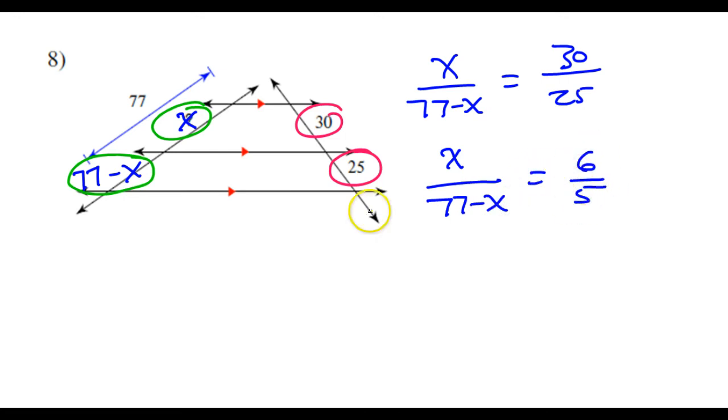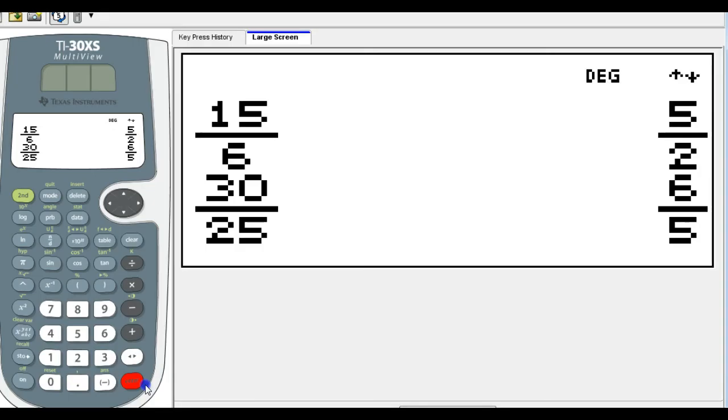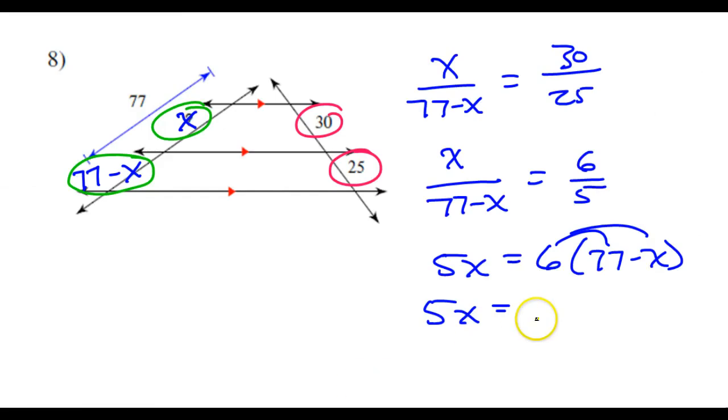So now we cross multiply. So this is going to be 5x is equal to 6 times 77 minus x. And we distribute. So that's going to be 5x equals 462 minus 6x.